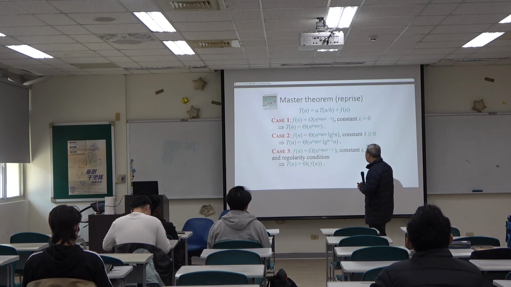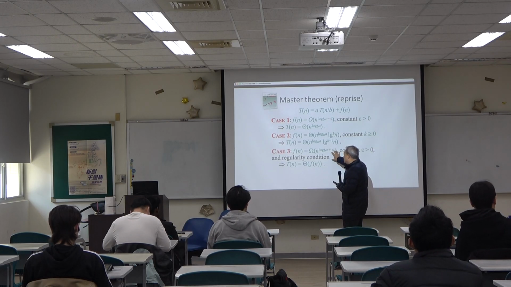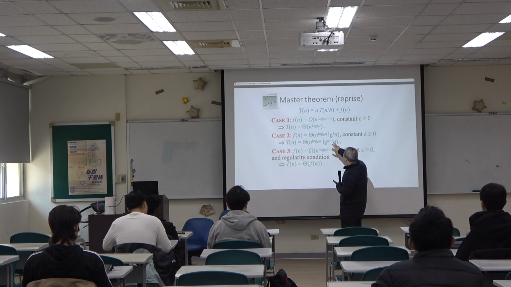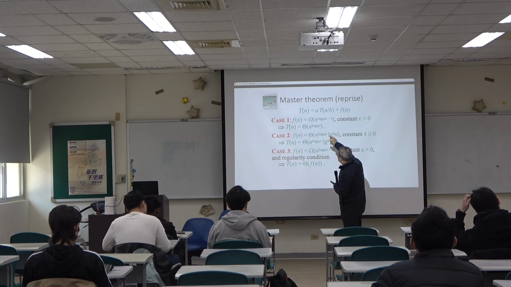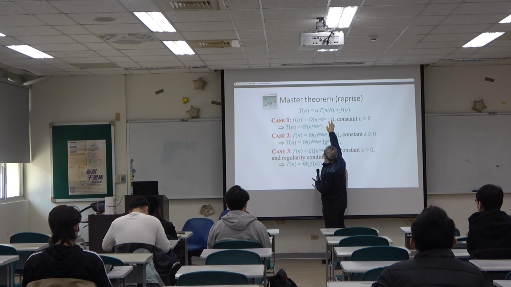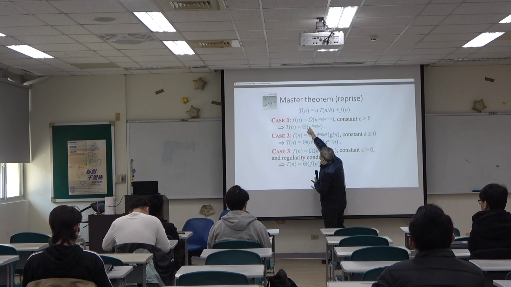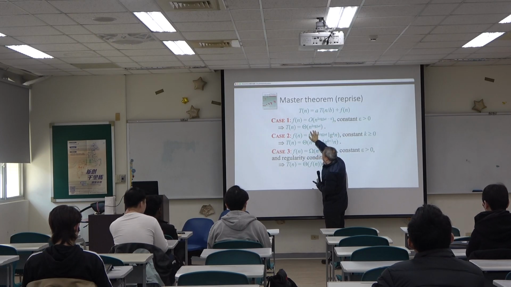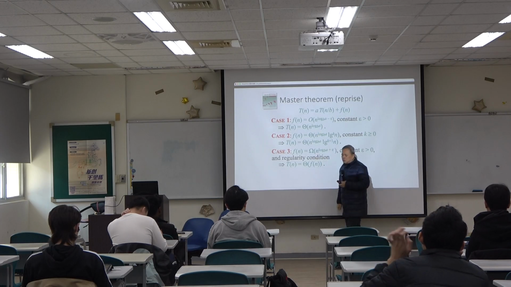It's going to be the first one, because it's going to be n to the power of 1 minus 1, which will be your Theta(1). So the complexity is going to be case 1. So it's going to be linear.